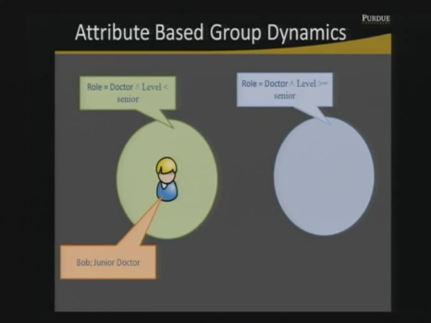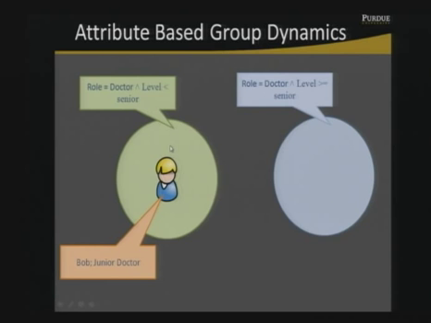Now, user dynamics. As the system evolves, there might be new users joining a group or leaving a group. We call those leave and join operations. For example, even a change in one attribute could trigger both. If you take this one, Bob is a junior doctor, and Bob satisfies this policy. Because of that, he is a member of this group.